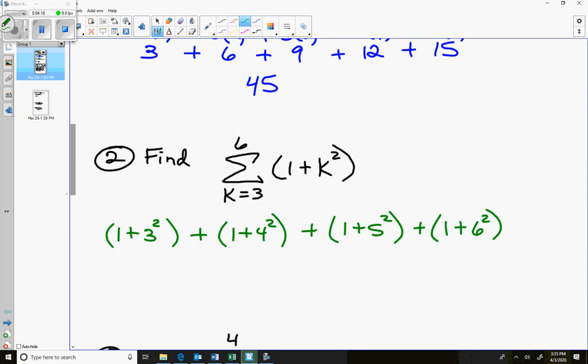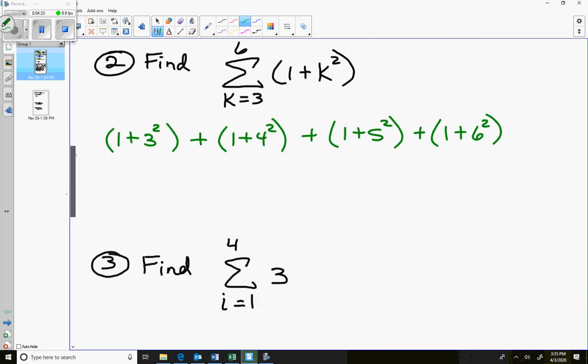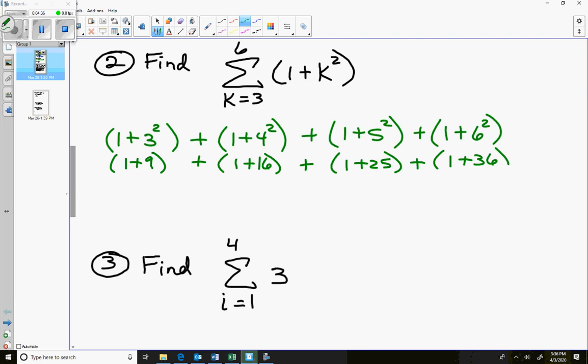And since that's the upper limit, that's where we stop. And again, just clean up the arithmetic. So I've got 1 plus 9, 1 plus 16, 1 plus 25, and 1 plus 36.